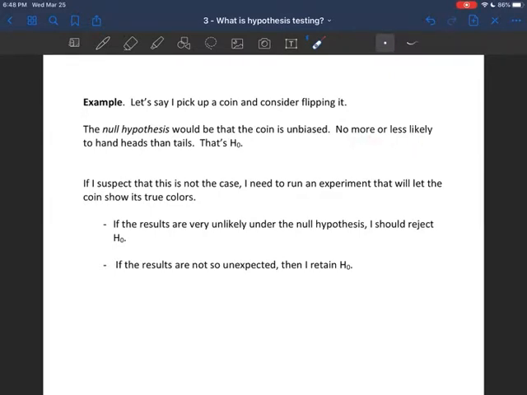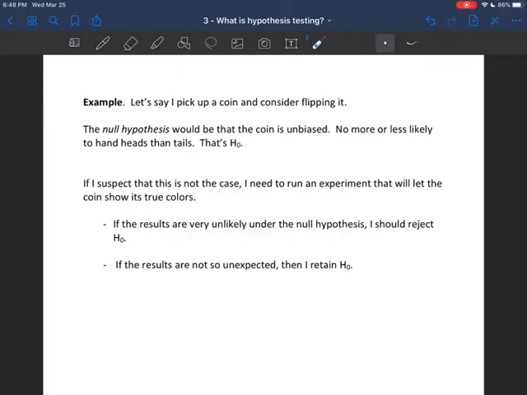So our assumption for this coin is that it is unbiased, meaning that it is no more or less likely to land heads than tails. That's our H0. That's our null hypothesis. But if I suspect that that's not the case, I want to set up an experiment that will let this coin show its true biased colors. So if I can think of such an experiment, then what am I going to do?